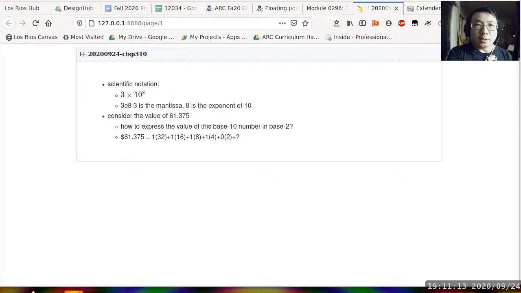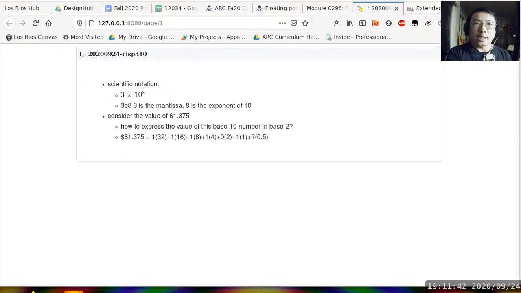So now we ask, how many 1s do we have in 1.375? Well, that is a pretty easy question to answer. We got 1 of 1 in 1.375. So now that we have taken care of the integer part of 61.375, we have 0.375 left. But the next power of 2 that we have to deal with is 0.5, which is 1 divided by 2.